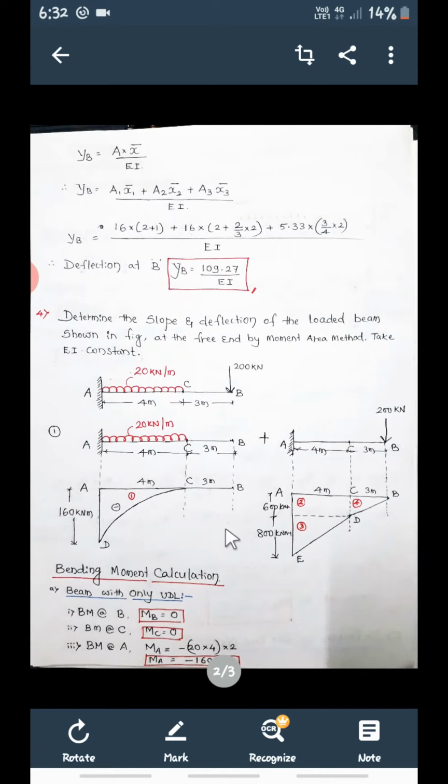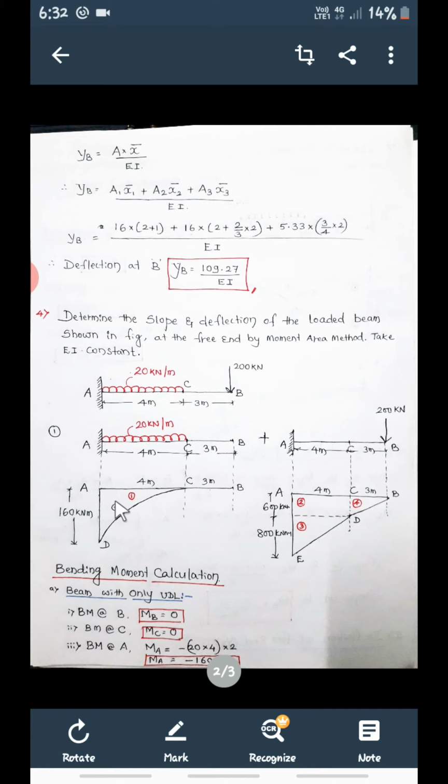Now see, area of bending moment diagram between B and A divided by EI. Both the figures you have to consider now. So how many areas between B and A here? Here nothing is there, only a single line. So from this it is area 1, and from this between B and A, how many areas? 2, 3, 4.